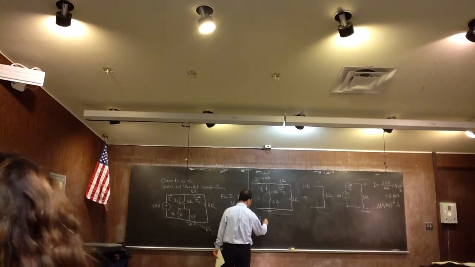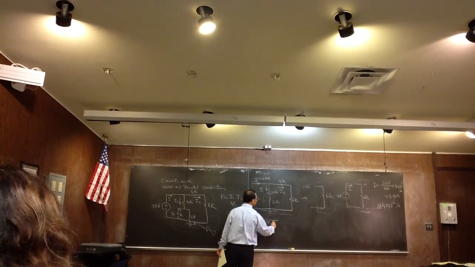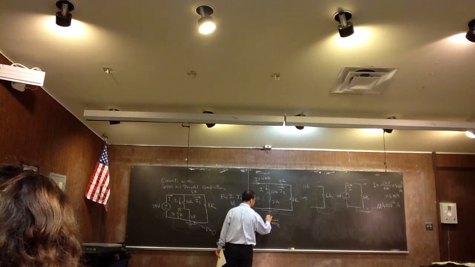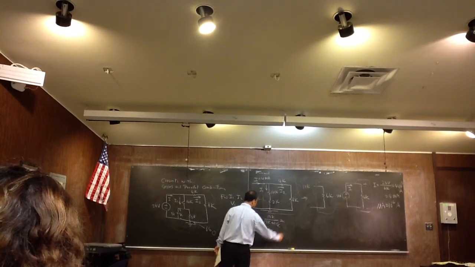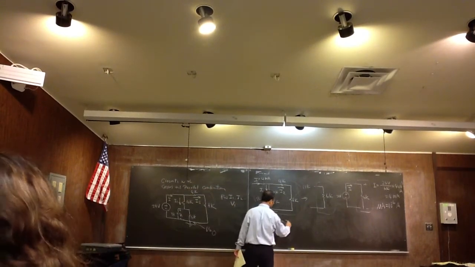I1 equals I times 12K over 12K plus 12K. So basically, you get half the total current, so 2 milliamps.